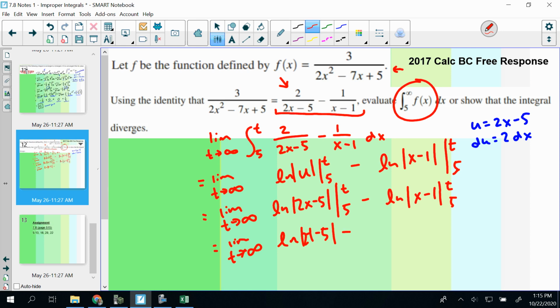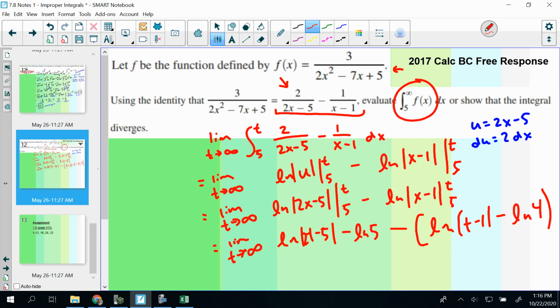Minus, if you put 5 in there, it's 10 minus 5, which is 5, so you got natural log 5. Minus here now, we're also doing the limit over here. This one's going to be natural log of t minus 1. Minus, if you put 5 in there, that's going to turn into natural log of 4.